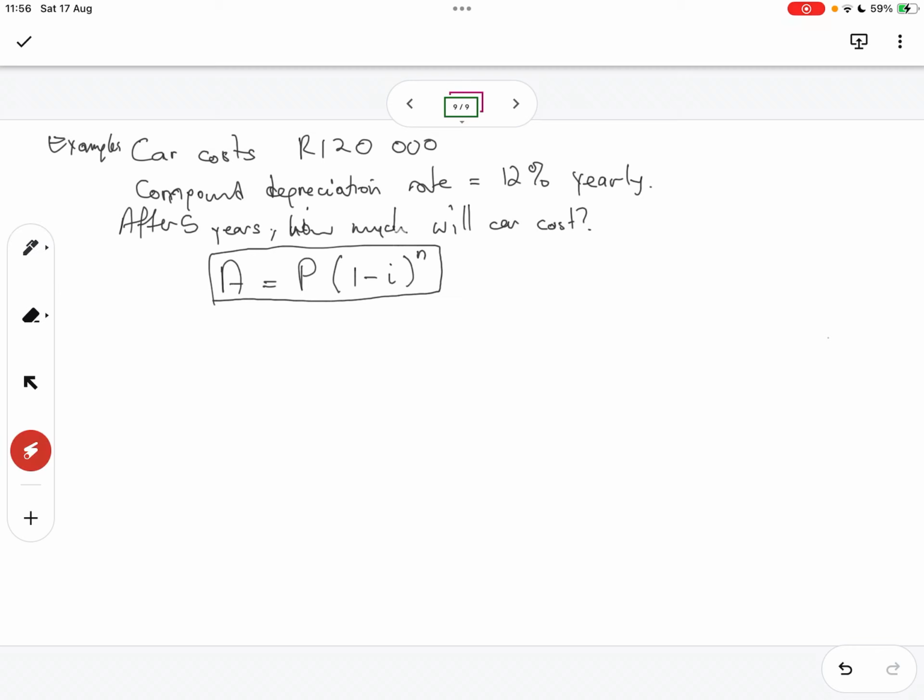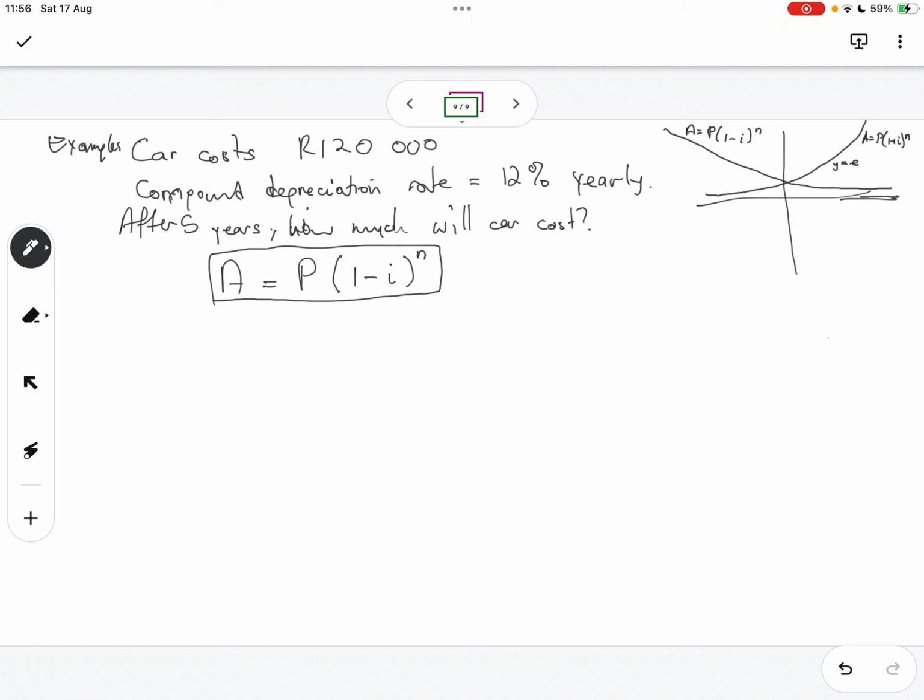Right, the compound depreciation formula is almost the same as that of compound interest, but the difference is the change in the sign. Where you had a compound interest increase, A equals P into 1 plus i to the power n, this one will depreciate, and this would be A equals P into 1 minus i to the power n.